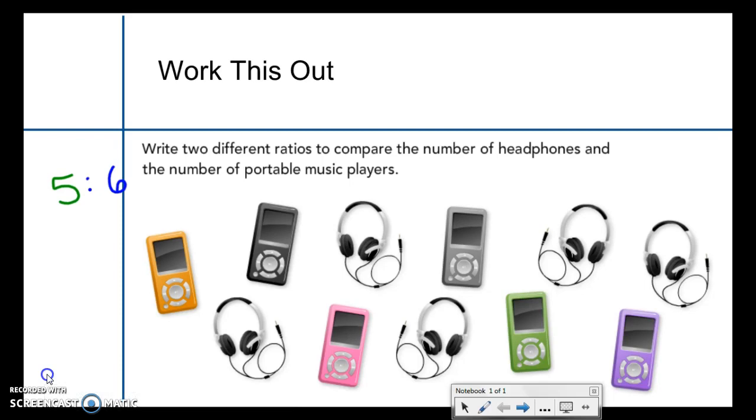Or you can write 5:6. Or you can say there is 1 less set of headphones than there are music players. All of those are considered ratios. Okay? Let's keep moving on.